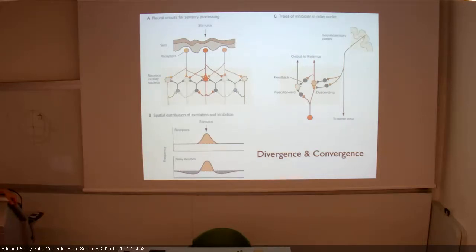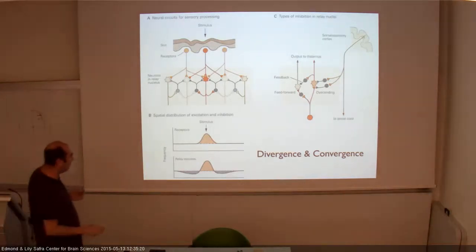Okay, so feed-forward inhibition is this case where you have a neuron that sends its axon on an excitatory postsynaptic neuron, but it also makes a synapse on an inhibitory neuron that is making inhibition on another neuron.